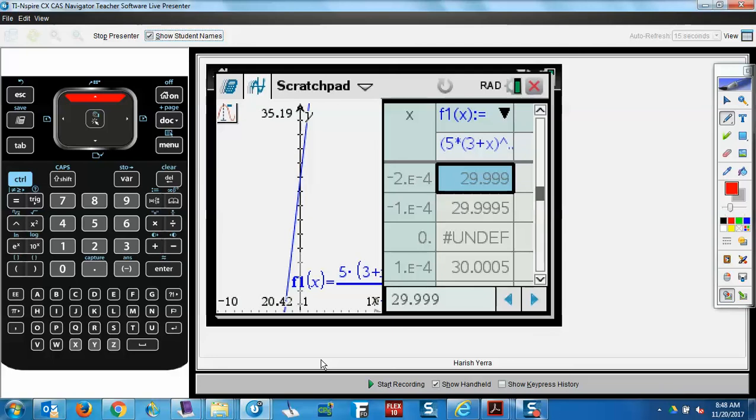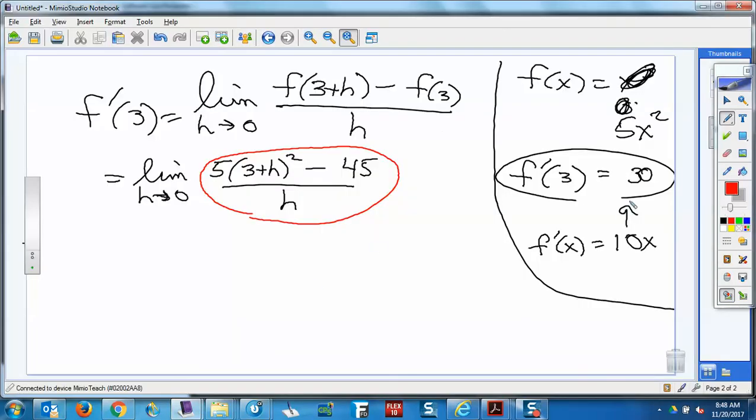Really, that is negative 0.0002, this is negative 0.0001, this is 0, and this is 0.0001. Then put undefined, and just copy this part of the table right here onto your paper. That would be evidence that 30 is our limit, which, of course, we knew was going to be the answer.